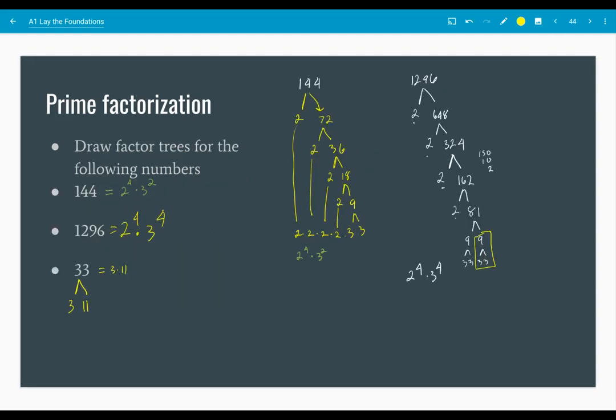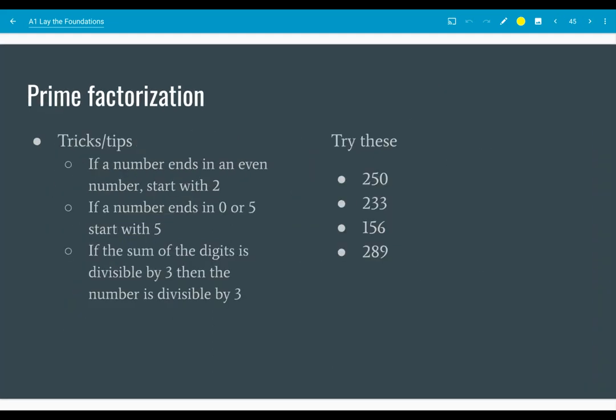So let's go back and look at 1296. If we take 1296 and we add 1 plus 2 plus 9 plus 6, we're going to get 18. So is 18 divisible by 3? It is, but if you don't know that, you can then add 1 and 8 to get 9, and 9 hopefully you know for sure is divisible by 3.